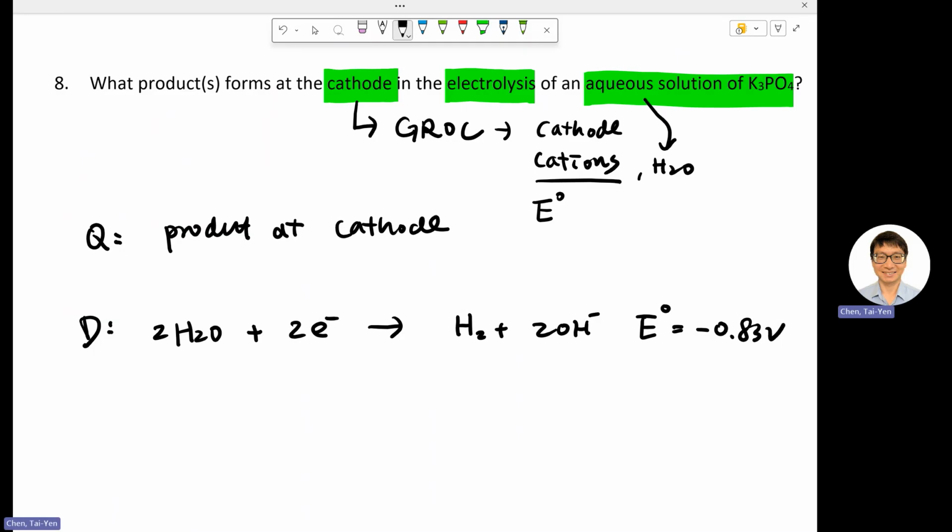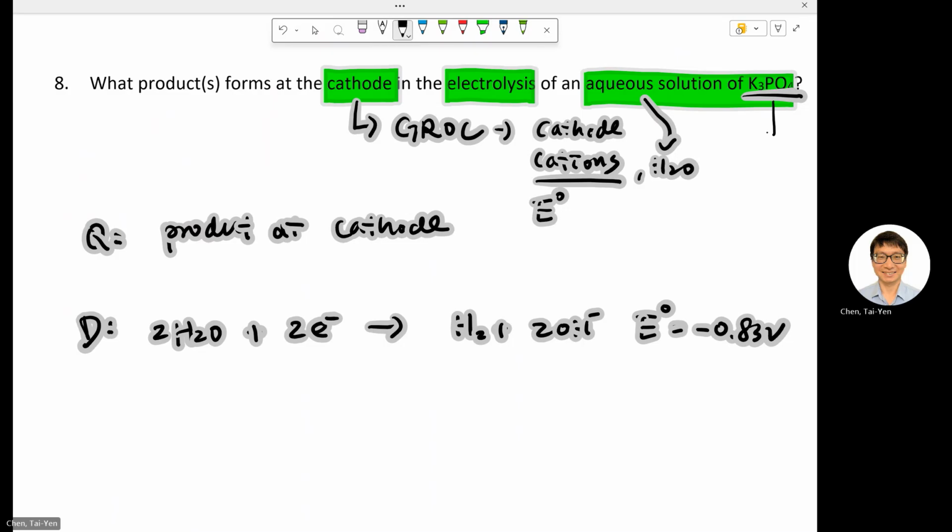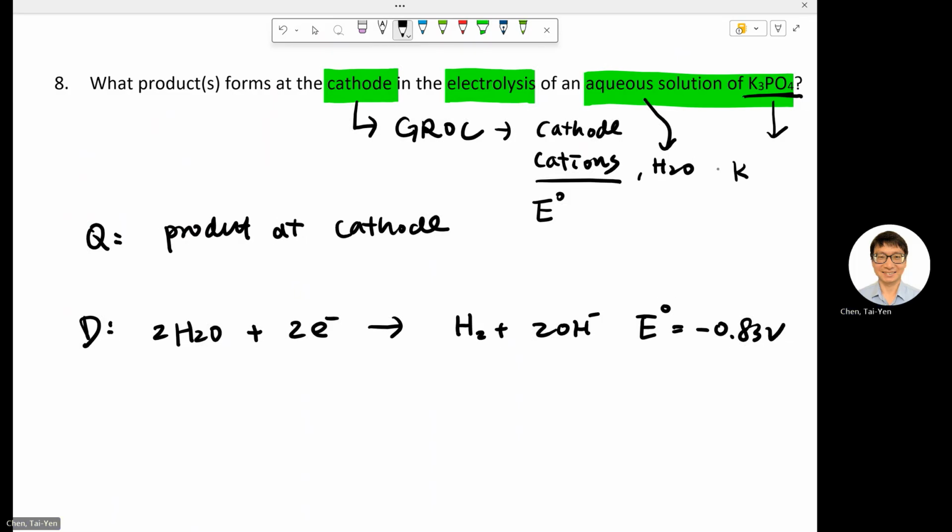The second species will be the cations showing up inside your solution. Then you start to look at what other things you have. You have K3PO4, okay? So by now you should see that this becomes 3 K+ plus PO4 3 minus. I only care about the cation. Therefore, all you want to write is K+.